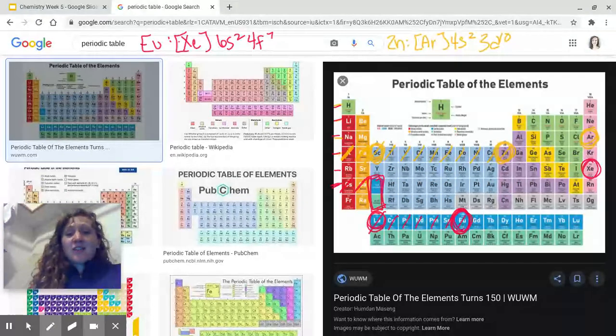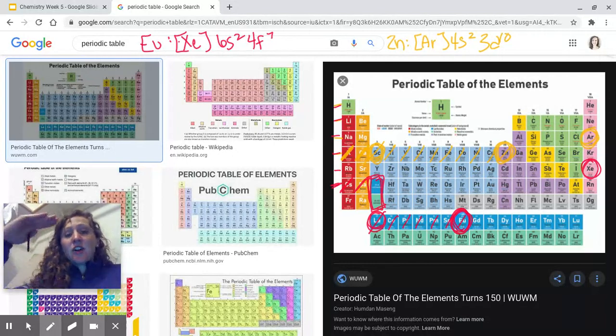So noble gas configurations are so much shorter. And when you are using this periodic table shortcut, instead of using the slashy line Aufbau diagram, it becomes really simple. But you must know the blocks. You must know that d and f are offset, d by 1, f by 2.